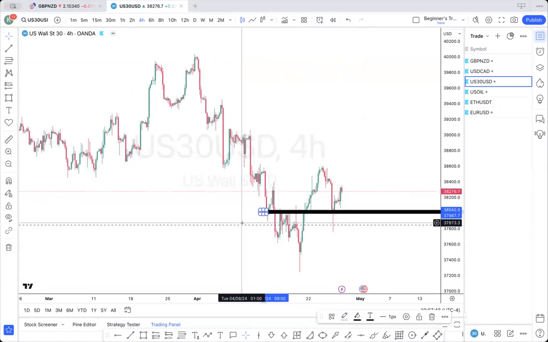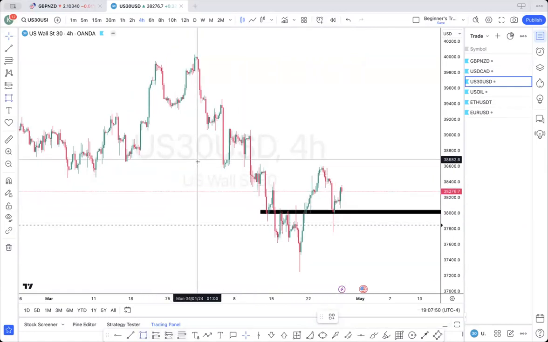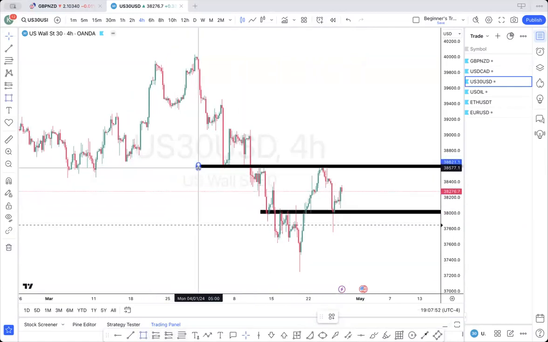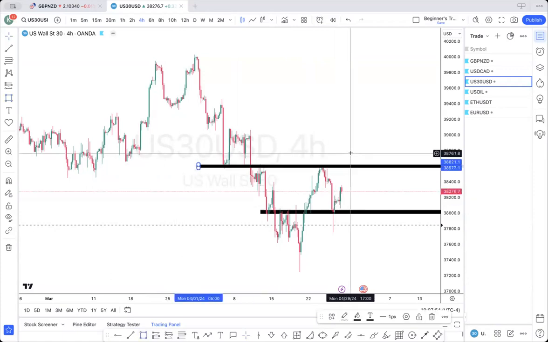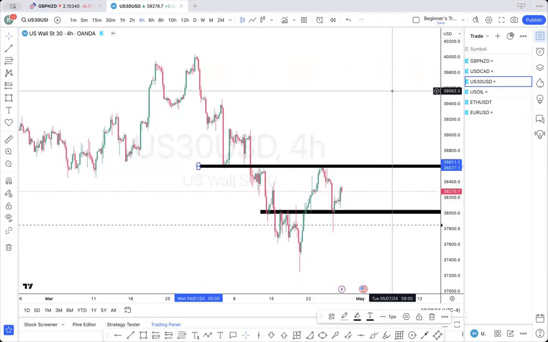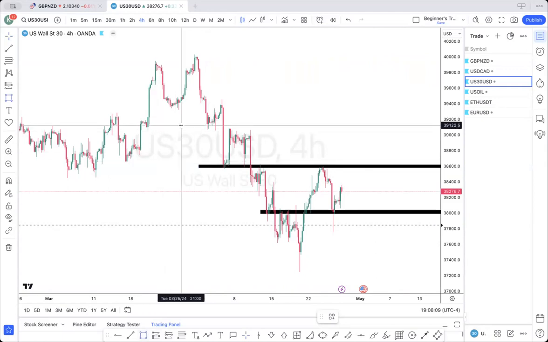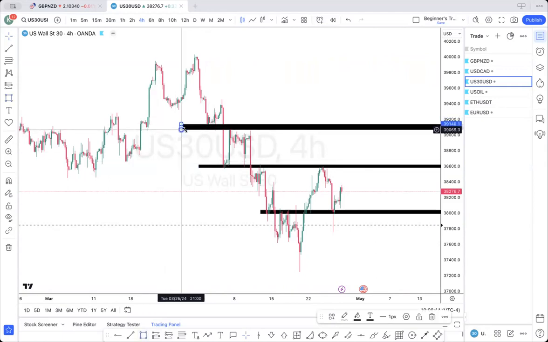I don't know what it's going to do, but all I know is I'm not in a trade, so I'm not going to hop in just because it's pushing up. This will be my next zone. Once price gets here, set my alert. Once price gets there and shows me what it wants to do, then I will trade that accordingly. Next 4 hour zone is from here to here.